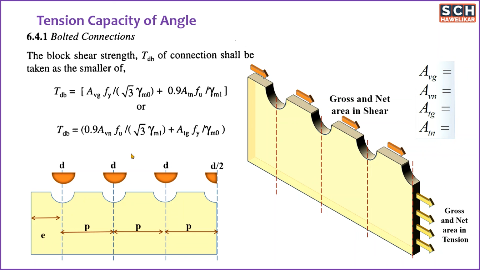So these are the two formulas which give the particular failure, and the section may fail due to shear failure or tension failure.